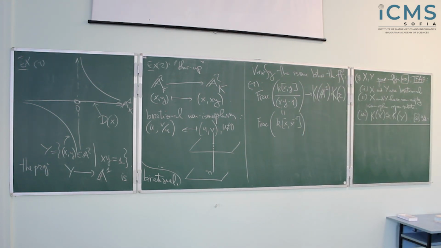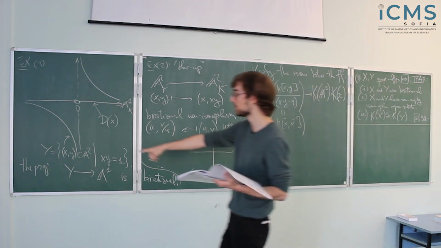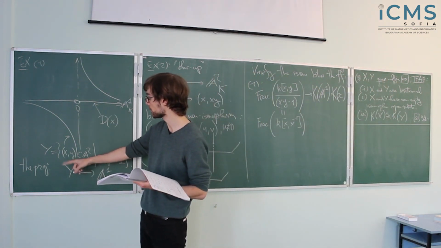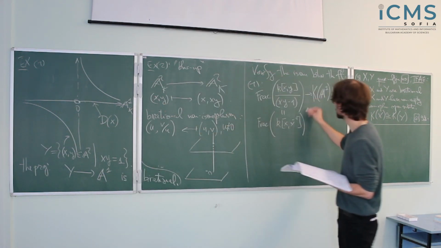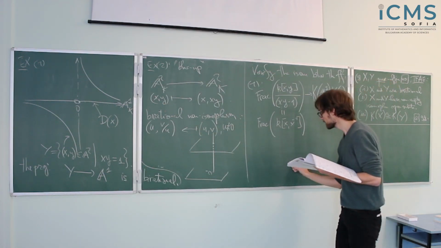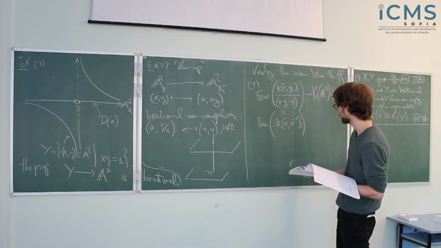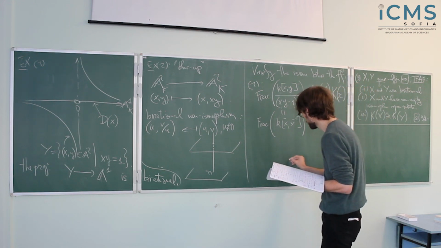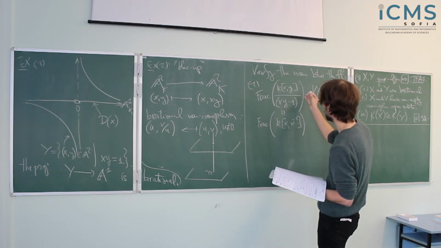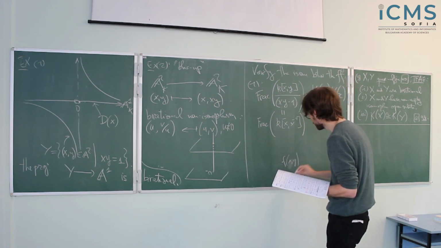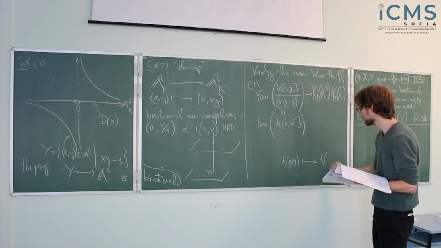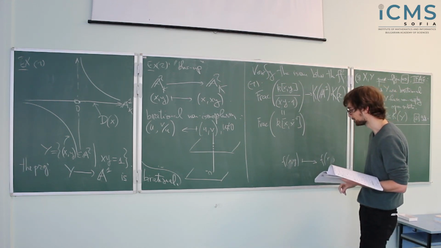Of course, since this is just the projection which takes (x, y) and gives us x, this map will start from a polynomial in x and y, and we'll just restrict it to x. Let's see.